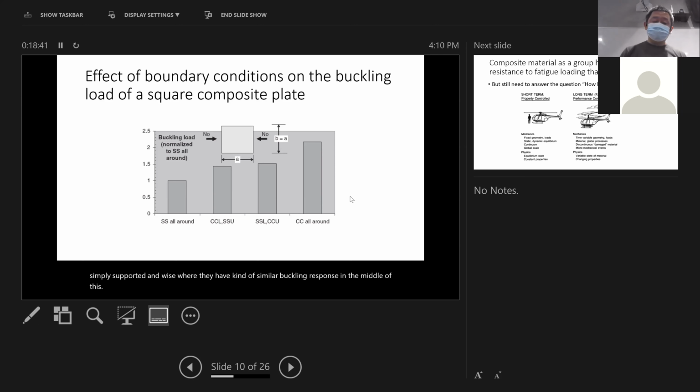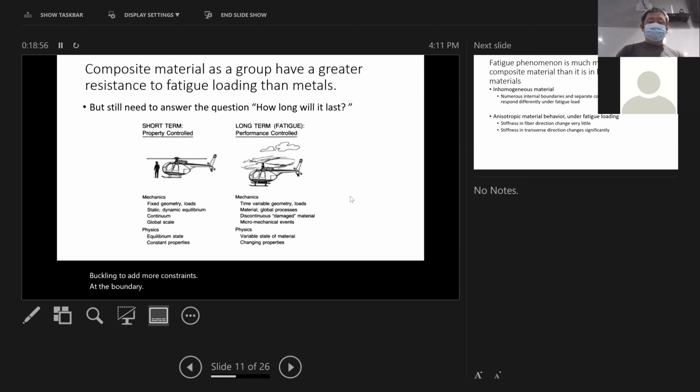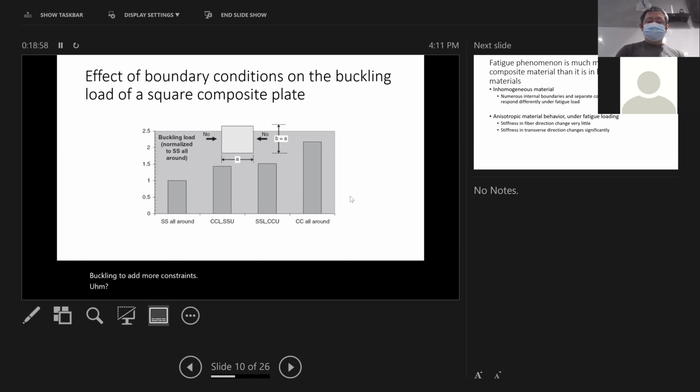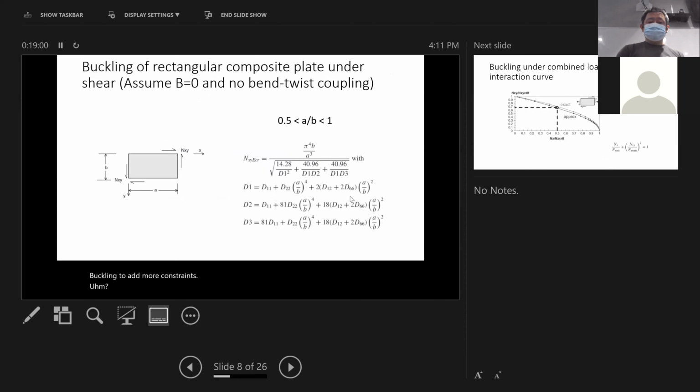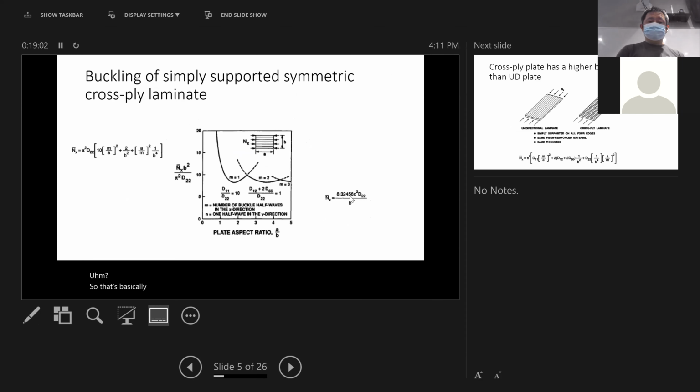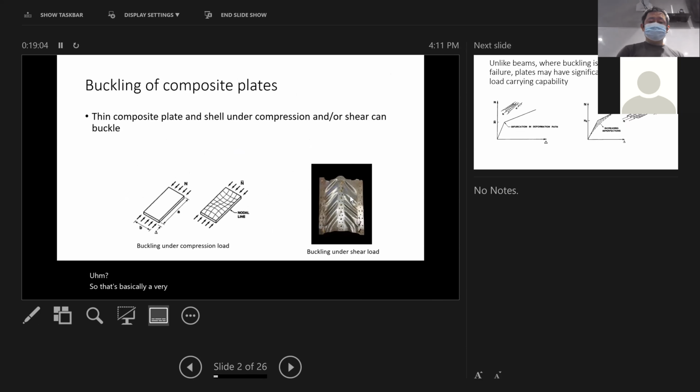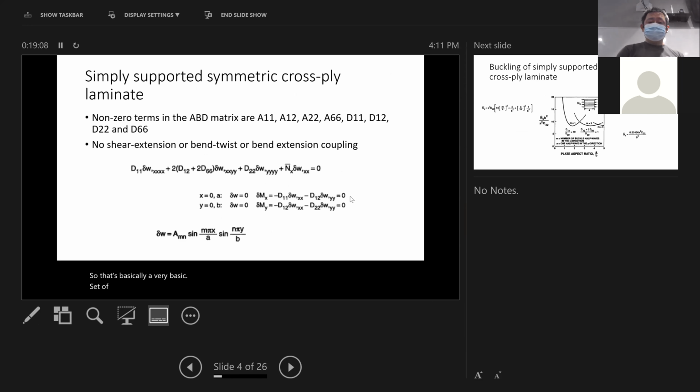So the other way to combat buckling is to add more constraints at the boundary. So that's a very basic set of information regarding buckling.